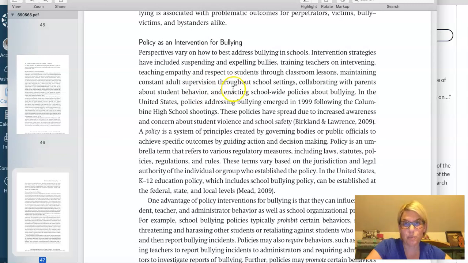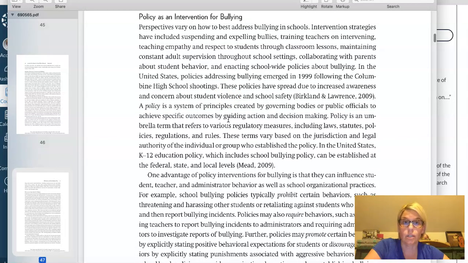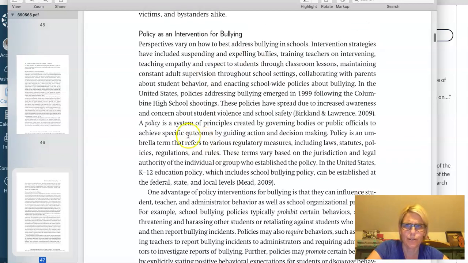For most people, they're not even going to really know how policy can even be used as an intervention for bullying. So they have to take a pretty good amount of time here and explain that. They even start talking about it historically: in 1995 or 1999, following the Columbine high school shootings, that's really when policies addressing bullying emerged.